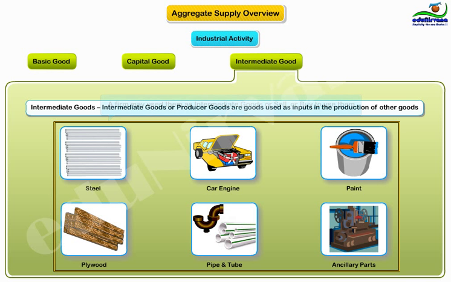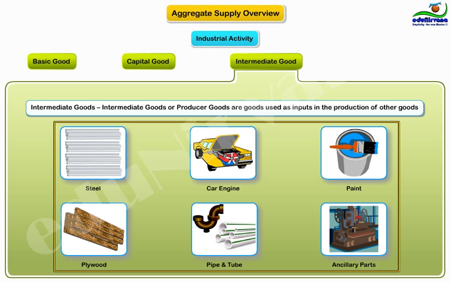In the production process, intermediate goods either become part of the final product or are changed beyond recognition in the process. An intermediate product is a product which is obtained during a manufacturing process which may or may not be saleable and is not the intended final product.